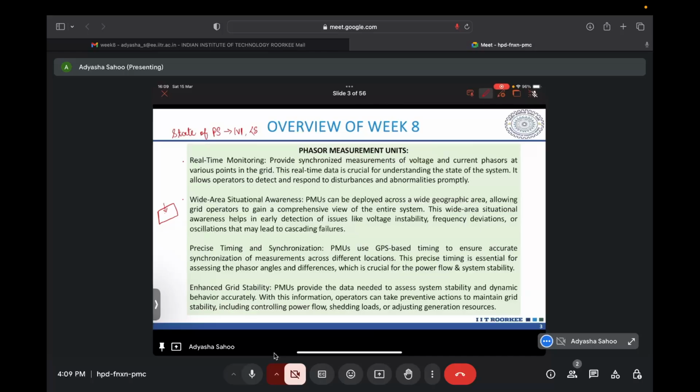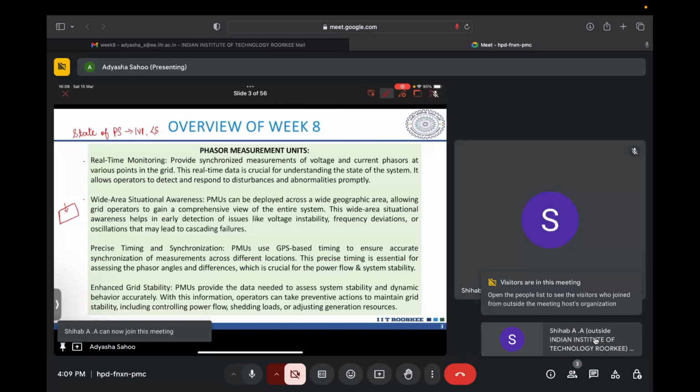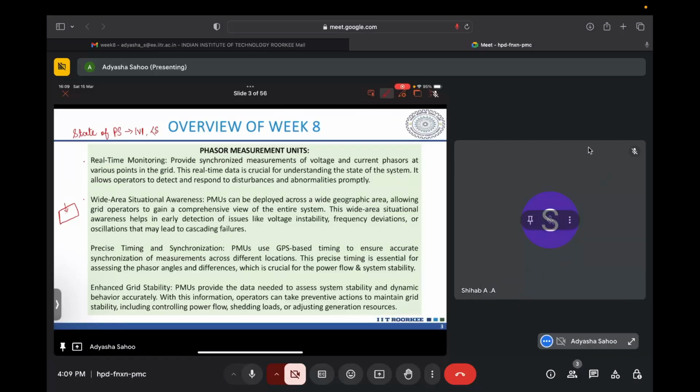And if there are any disturbances such as oscillations between two control areas or a sudden dip or rise in voltage and frequency, those can all be visualized on the screens.